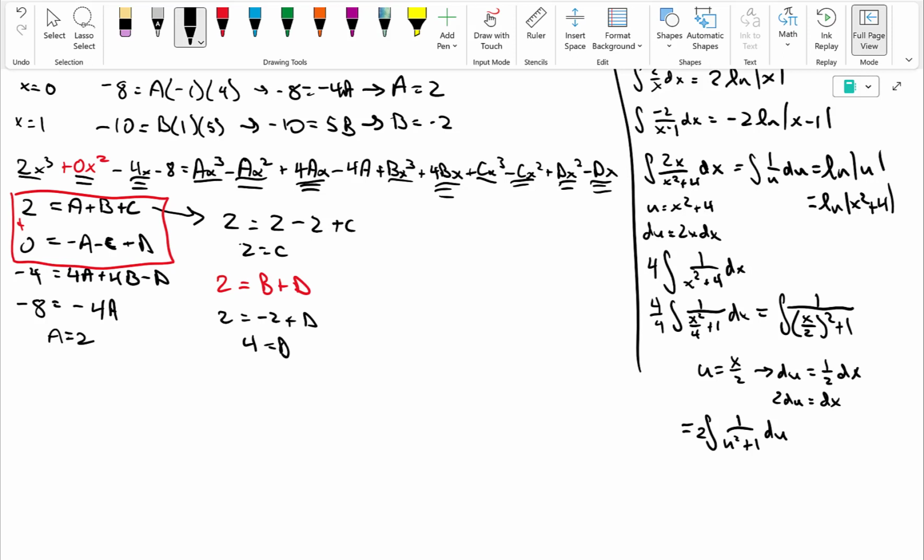If you've got to do the trig sub that we did in, I think, the classwork for 7.3, you can, but hopefully you're going to memorize those two, arcsine and arctan, that we talked about. And so this one will just become 2 arctan u, where u is the x over 2 that we subbed in. So 2 arctan x over 2.